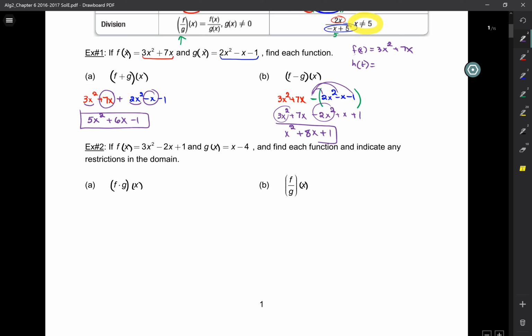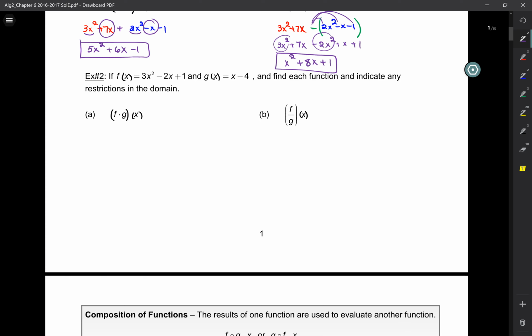Let's do multiplying. Now we have a fresh new set of functions. This is f, and g is x minus 4. Now I'm going to multiply them, right? So I have 3x squared minus 2x plus 1. If I'm multiplying two functions like this, what do I put around each one? Parentheses.